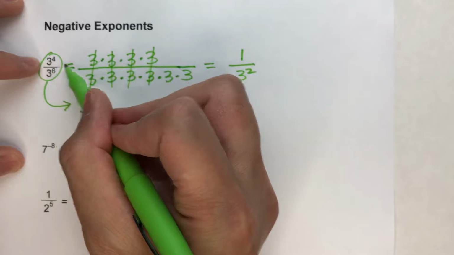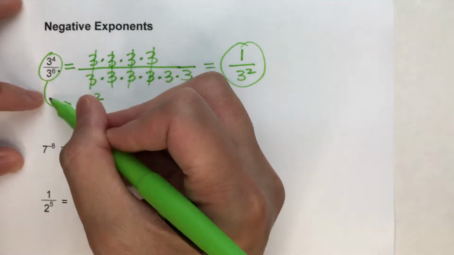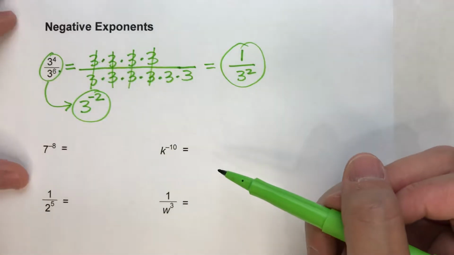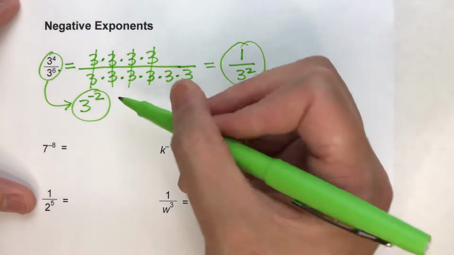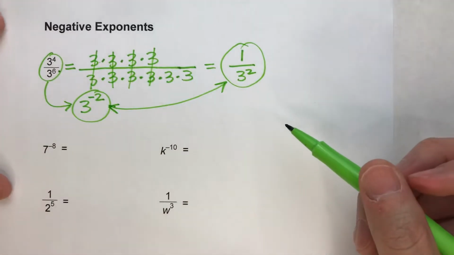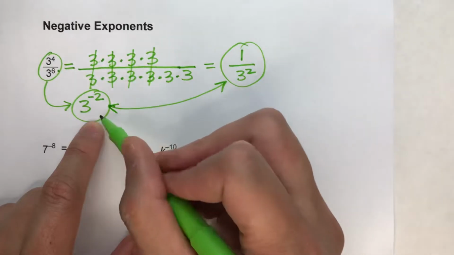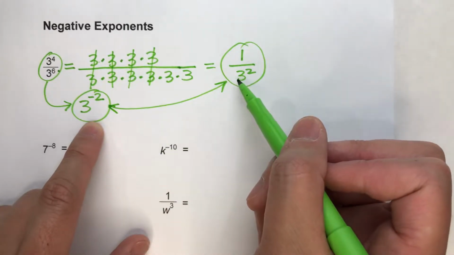So by expanding it out, I get this. By using my exponent power rules, I get this. What that tells me is these two things must be equal. And this helps explain what negative exponents are all about.